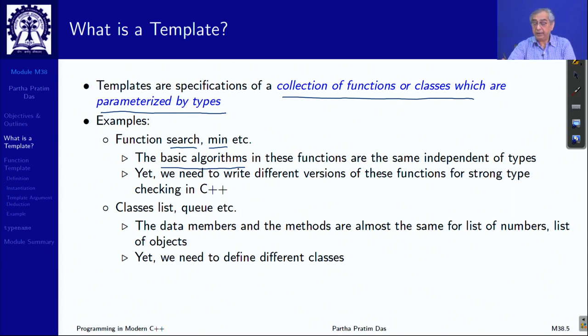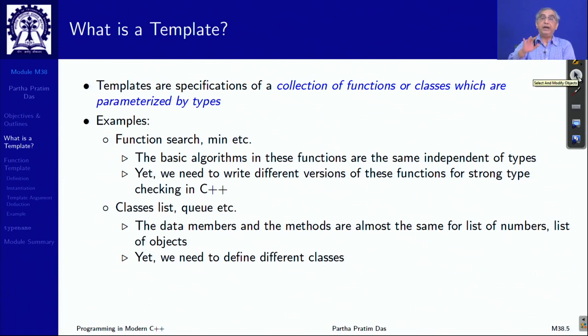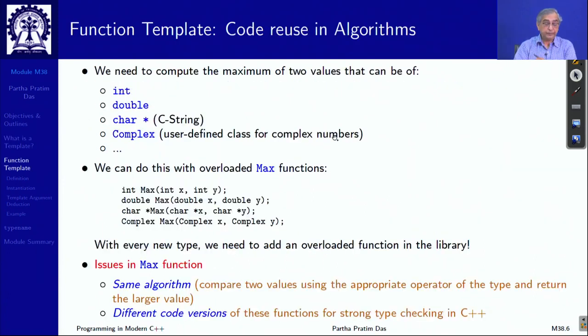So, the question is, can we get rid of this redundancy and increase the reuse by writing the logic in a type independent manner. So, to illustrate, let us say we have these different types and we want to find the maximum of two numbers. So, what will be the immediate C++ solution?